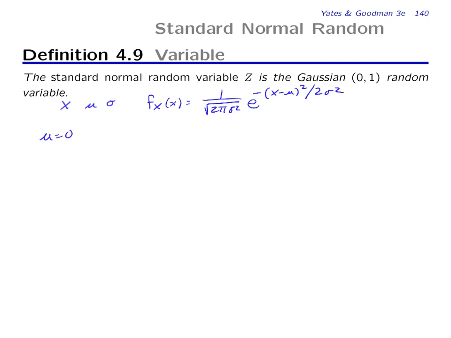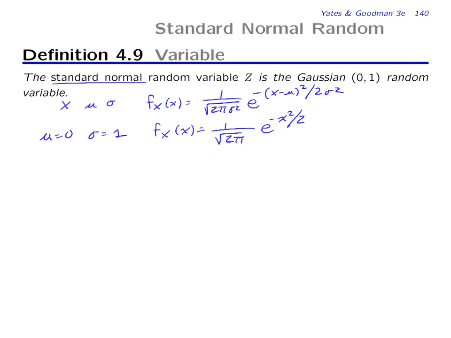When mu is 0 and sigma is equal to 1, this simplifies to 1 over square root of 2 pi e to the minus x squared over 2. And this particular version of the Gaussian PDF is so important that we call it the standard normal random variable.